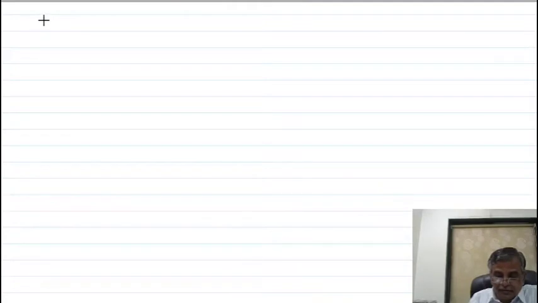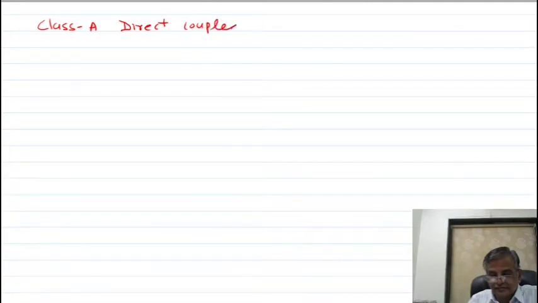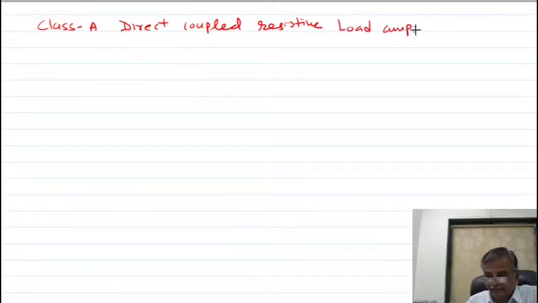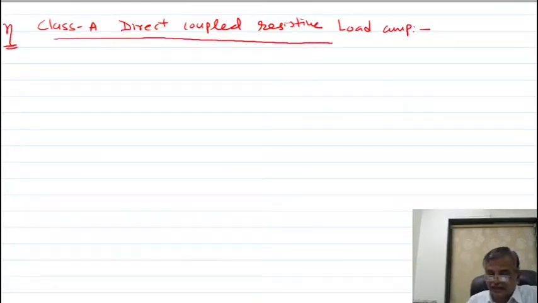Now let me discuss about efficiency of class A direct couple resistive load amplifier. We want to discuss efficiency of class A direct couple resistive load amplifier. Now, so what is efficiency? Already you have studied.